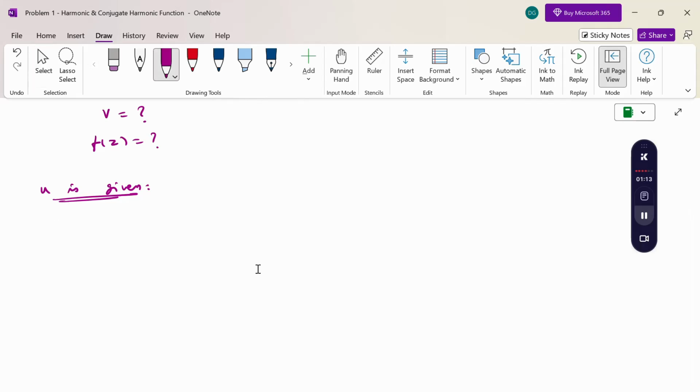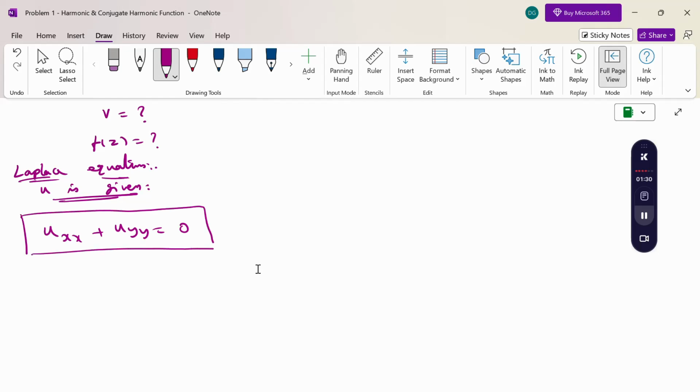What is the Laplace equation? To find u xx and u yy, when adding these two values we get 0, then the function satisfies the Laplace equation. Therefore, u is given as x cube minus 3xy square plus 3x square minus 3y square plus 1.